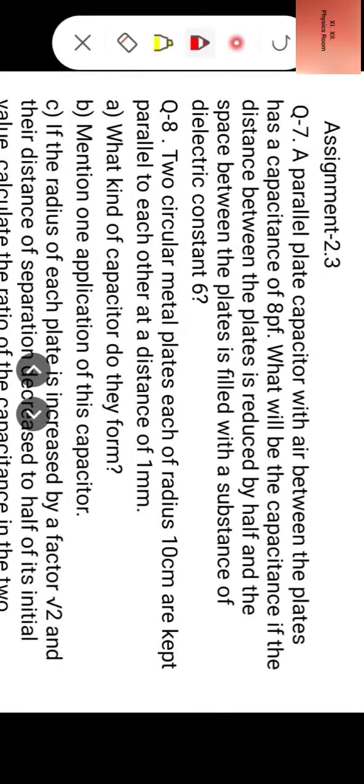Question number 7. A parallel plate capacitor with air between the plates has a capacitance of 8 pF. What will be the capacitance if the distance between the plates is reduced by half and the space between the plates is filled with a substance of dielectric constant 6? Question number 8. Two circular metal plates, each of radius 10 cm, are kept parallel to each other at a distance of 1 mm. A. What kind of capacitor do they form?